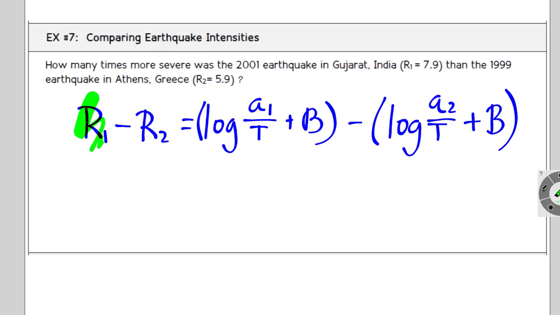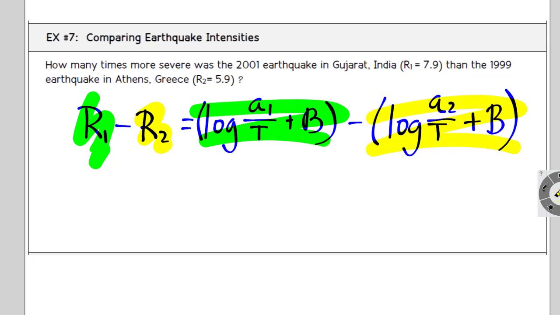Let's see, for R1. And then this is our formula for R2. So I just wrote the formulas down. The only thing that's different between them is the A1 and the A2. So let's see if we can simplify this.